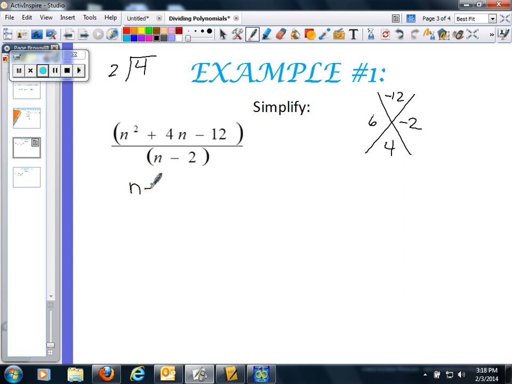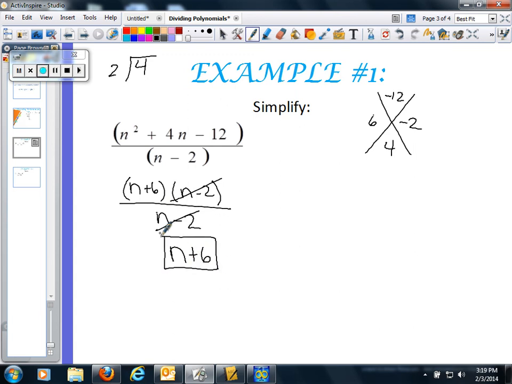So this is going to be n plus 6 times n minus 2, over n minus 2. And we should be able to see that these will cancel, leaving me with an answer of n plus 6, all right?